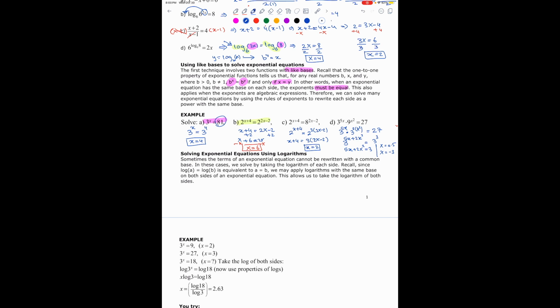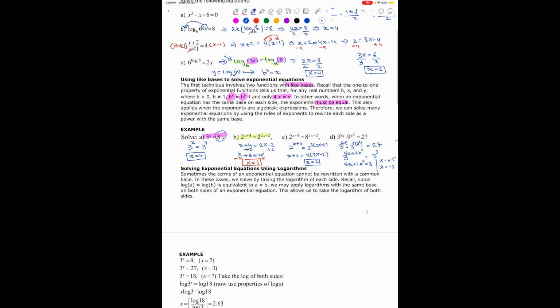It happens a lot, so we cannot compare the bases and make the exponents equal to one another. In these cases, we solve by taking the logarithm of each side. Recall that log A equals log B is equivalent to A equals B, which is the property that I used for D here to solve it, this one right here.